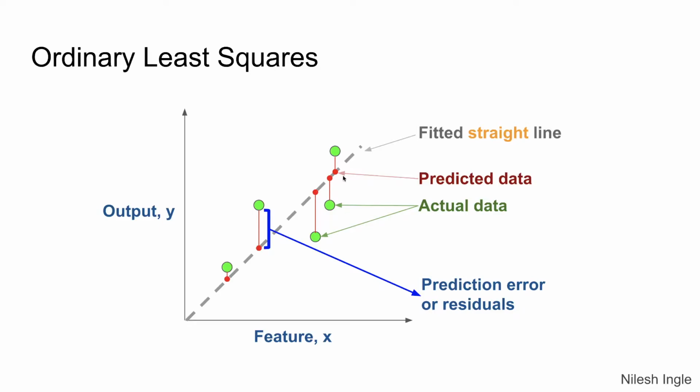Now, those are shown here. So let's say this particular green dot is the actual value and its predicted value is down on that line. Similarly, for this particular data point, the predicted value is down here, up here. So there is a difference between the actual value and the predicted value, which is shown by this red line. And that difference is called residual.